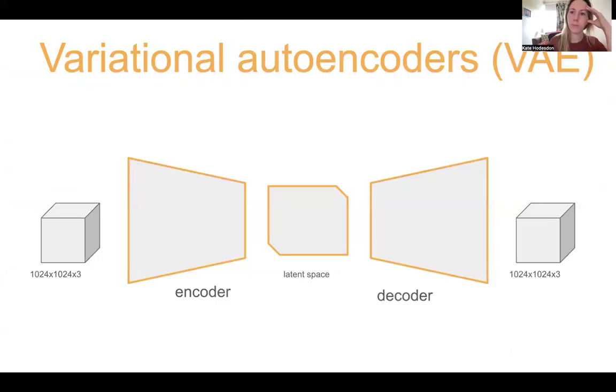Okay, so we do that decoding with the variational autoencoder. And here's a very high level diagram of what I mean. Image goes in, it gets encoded. We do the denoising here. This is the denoising diffusion model.